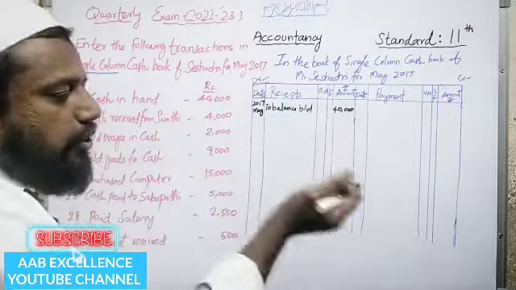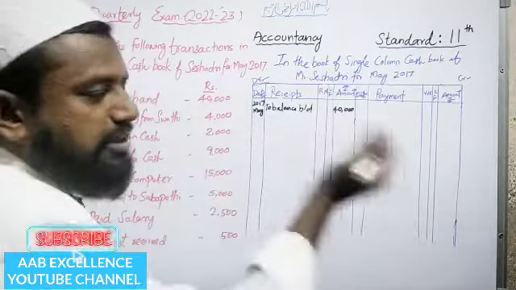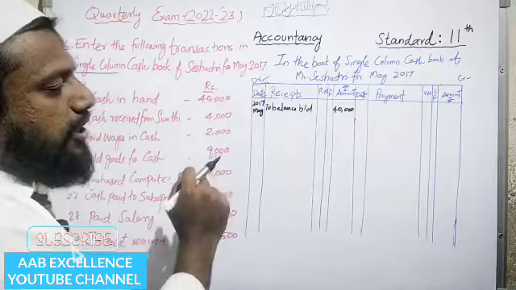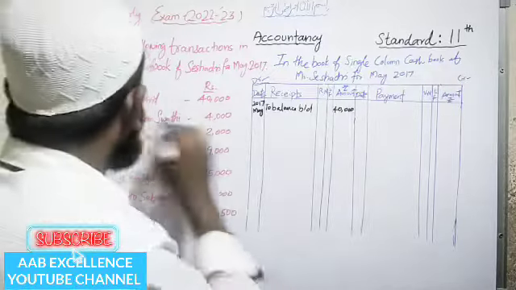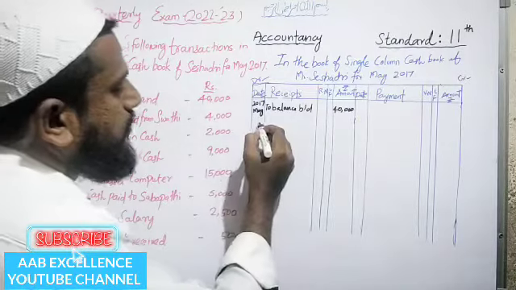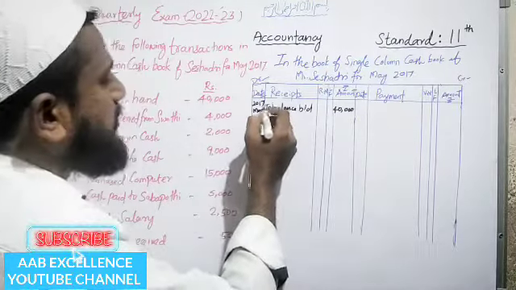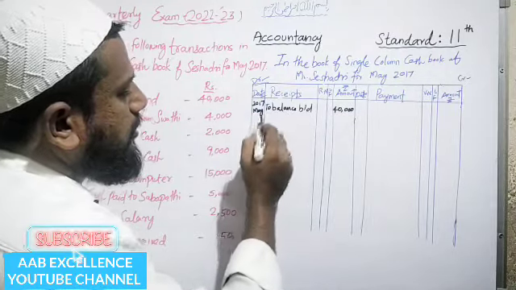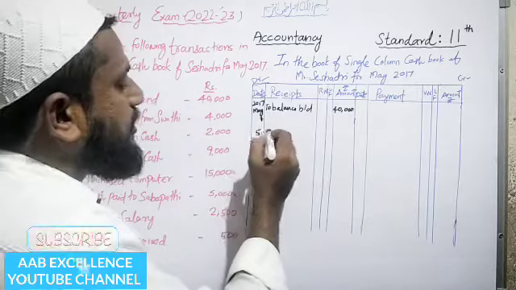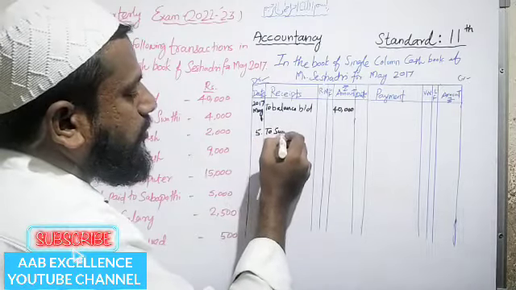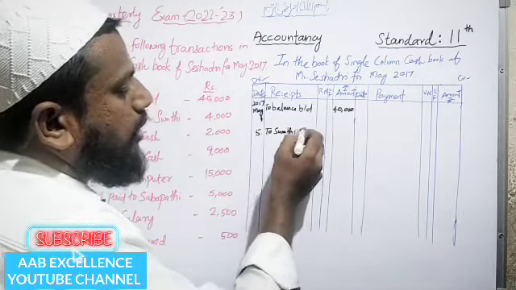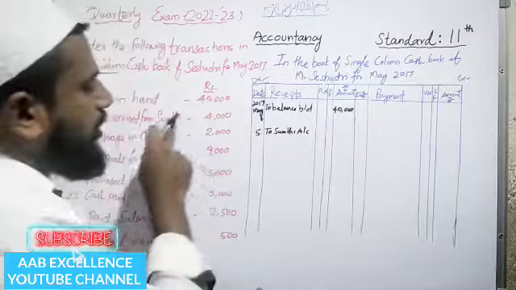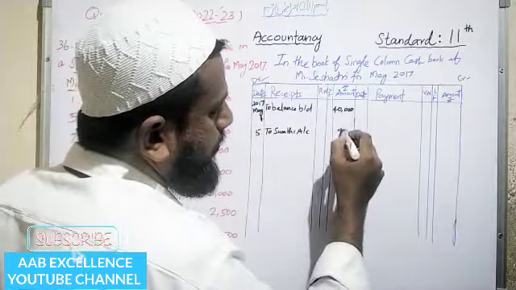Then cash received. Cash comes in, which means received. So cash received from Swati. Swati has given. So date 5, to Swati account, we received 4,000 rupees.